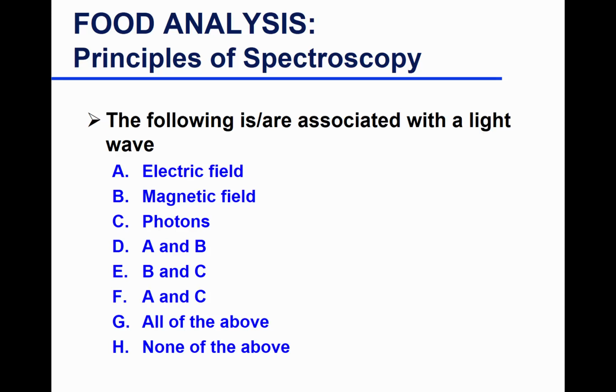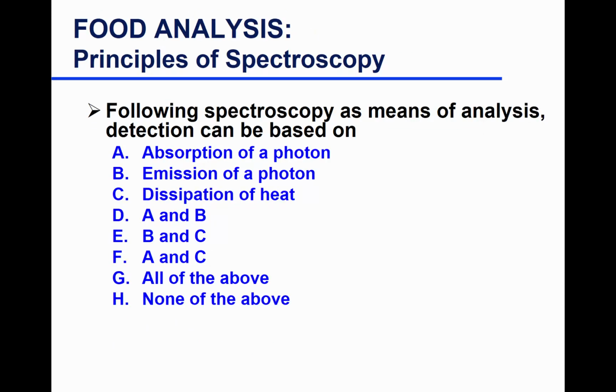Light has wave characteristics, electromagnetic characteristics, and it has particulate characteristics. If you think of light as a particulate of energy, then you think of photons. So light has a particulate characteristic and a wave characteristic. And then we will go into that more in detail.